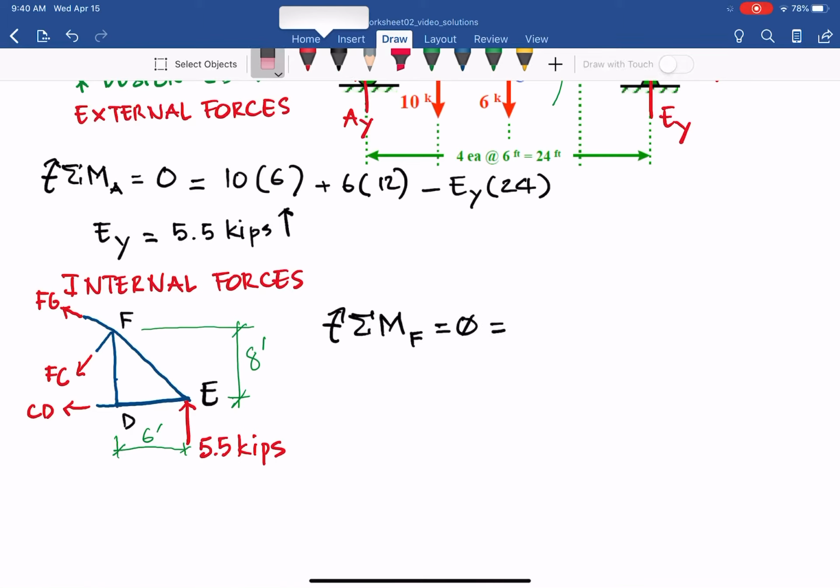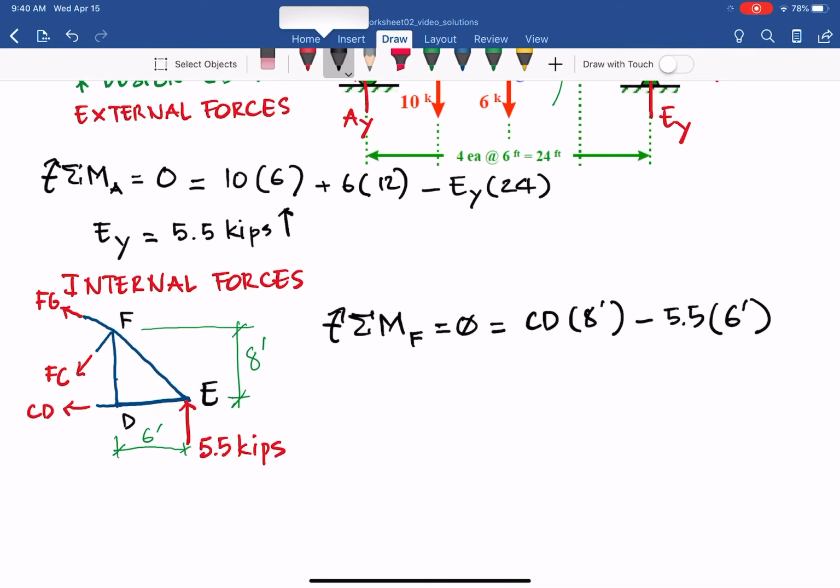You will have CD times 8, and then EY, 5.5 kips, about F is counterclockwise, so negative 5.5, times the base of 6 feet.